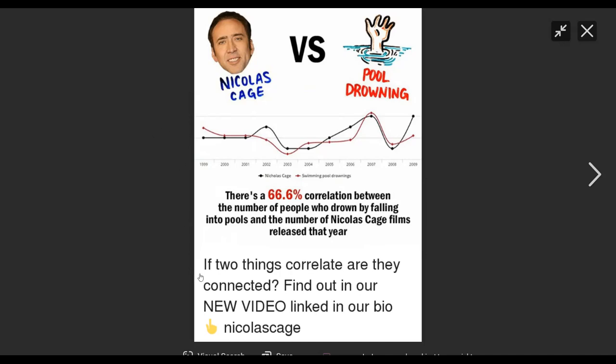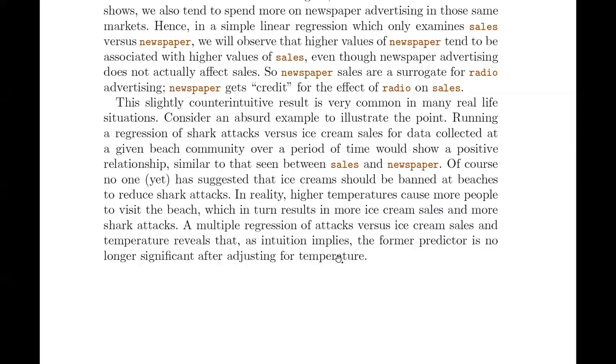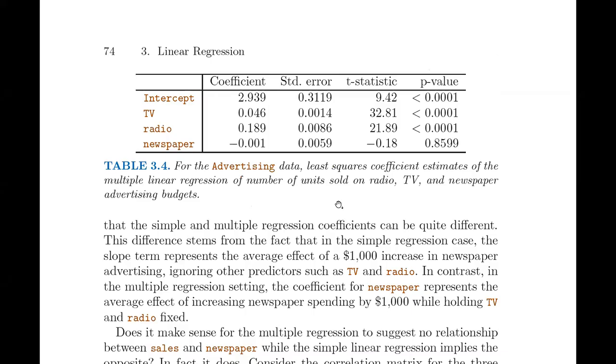Okay. Hopefully that gives you an idea of correlation. A multiple regression of attacks versus ice cream sales and temperature. This is how you should be doing it, right? So, yes. What is a t-statistic? We discussed it in yesterday's session and the one before.